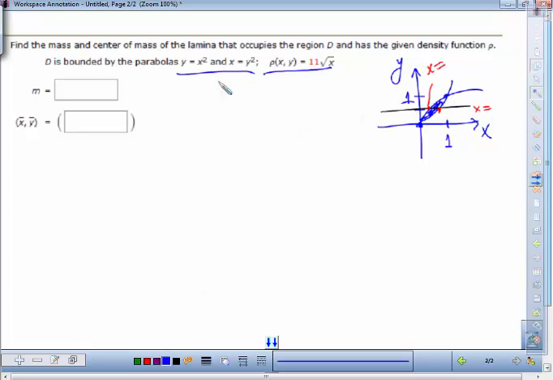So let's see, these parabolas, y is equal to x squared, and x is equal to y squared. And for some of these, we want to express it in terms of x. So for this, in terms of x, we would take the square root.